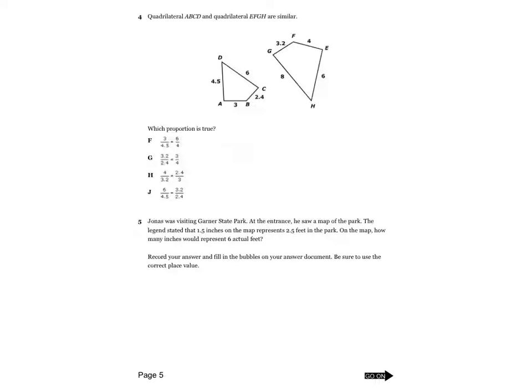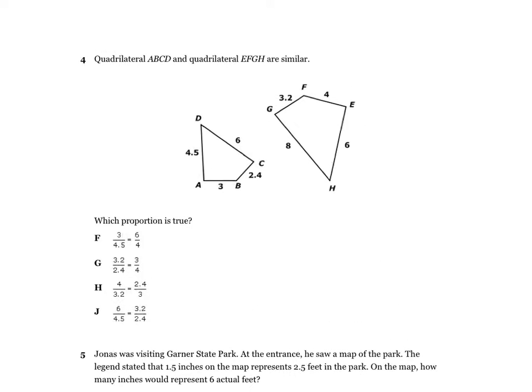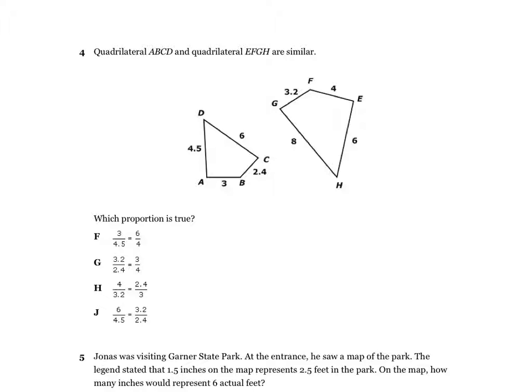Okay. Number 4. Quadrilateral ABCD and quadrilateral EFGH are similar. Which proportion is true? So I would do the same thing here. I would do the AB and then the EF. Everybody struggled with this one a little bit because we had a hard time looking at the colors and realizing that they weren't in the right order.